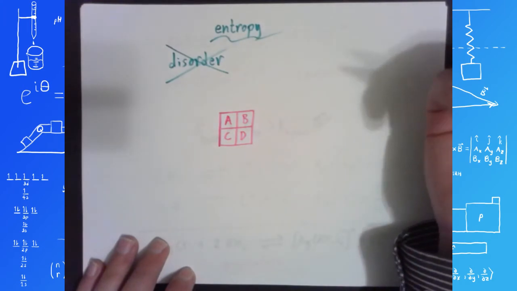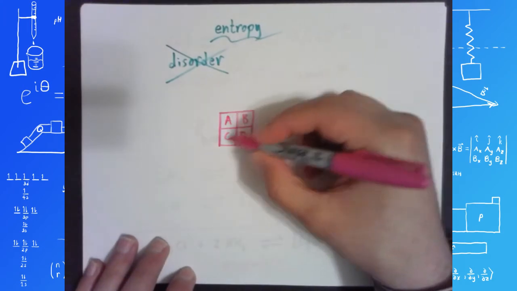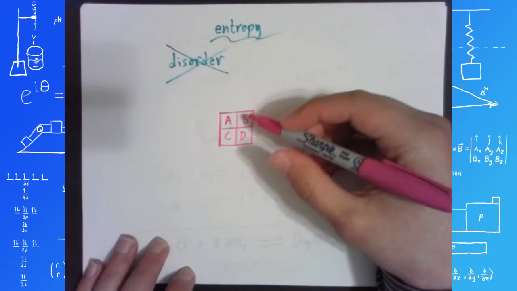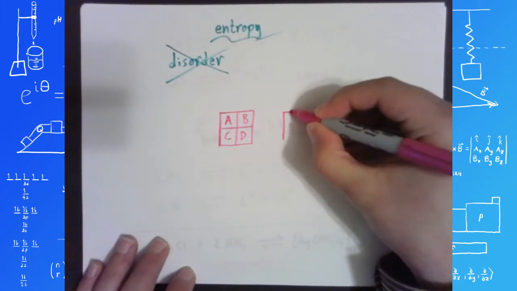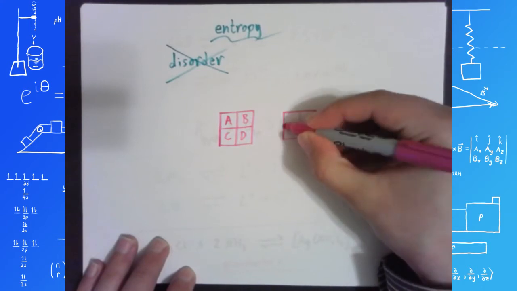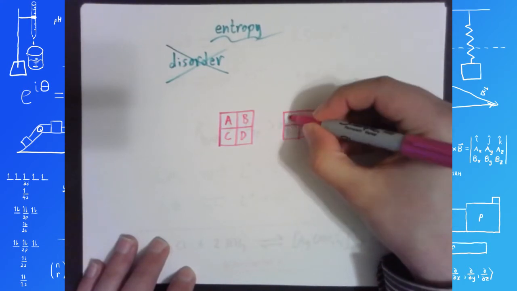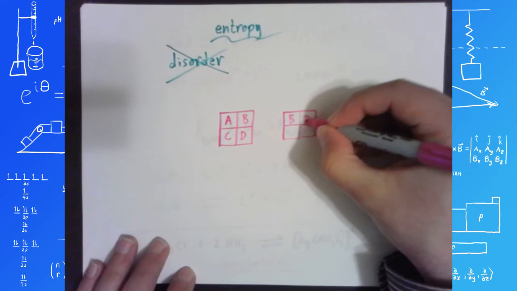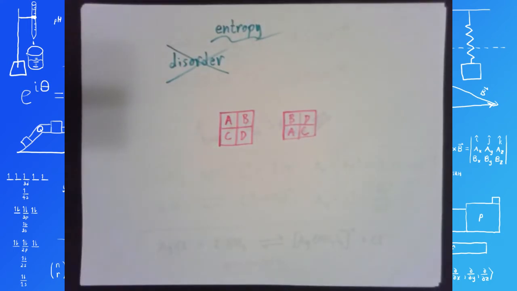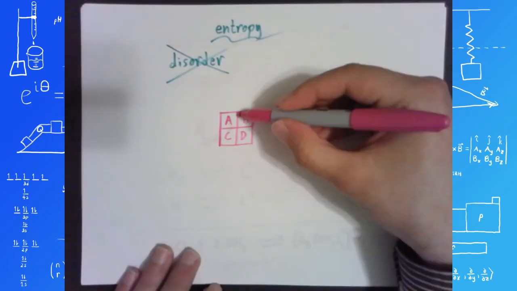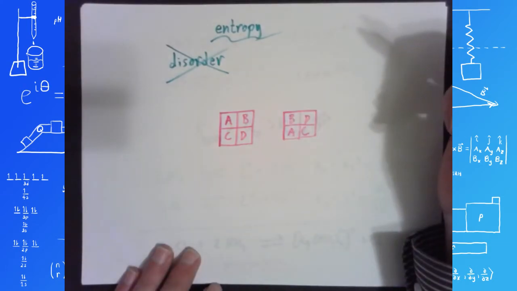Now, if I'm going to arrange these 4 particles randomly in these 4 spaces, how many ways are there to arrange these? Here's another possible arrangement: I could have B here, and D here, and A here, and C here. And it turns out that there's a total of 24 of these.